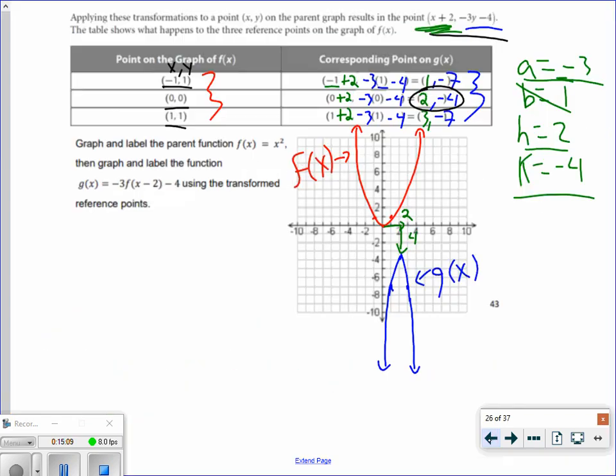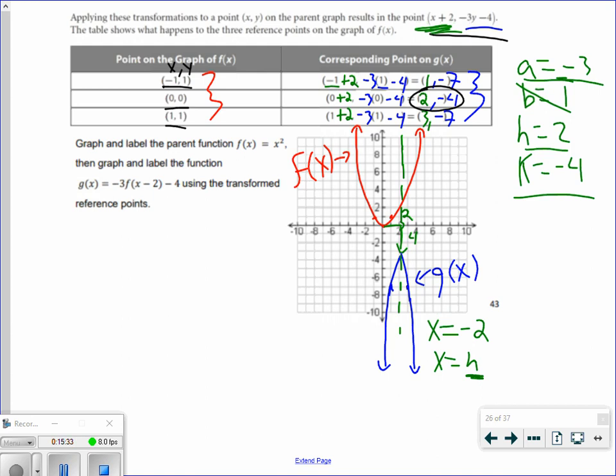And if you go to the other one, right here in blue, same thing. We're going to draw our line of symmetry. It's going to be right through the vertex, which is at x equals -2. Or in other words, x equals h. And that's because the h term will always be the x of the vertex.